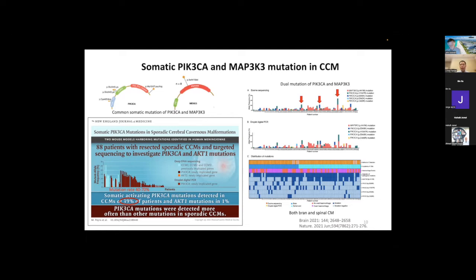So the investigators from the Xuanwu Hospital, also in Beijing, revealed that either the PIK3CA mutation or the MAP3K3 mutation was found in 90% of the CCM cases, with 40% of them being PIK3CA mutation, 40% being the MAP3K3 mutation, and another 20% with co-mutation of the two genes, as the red arrow shows here.